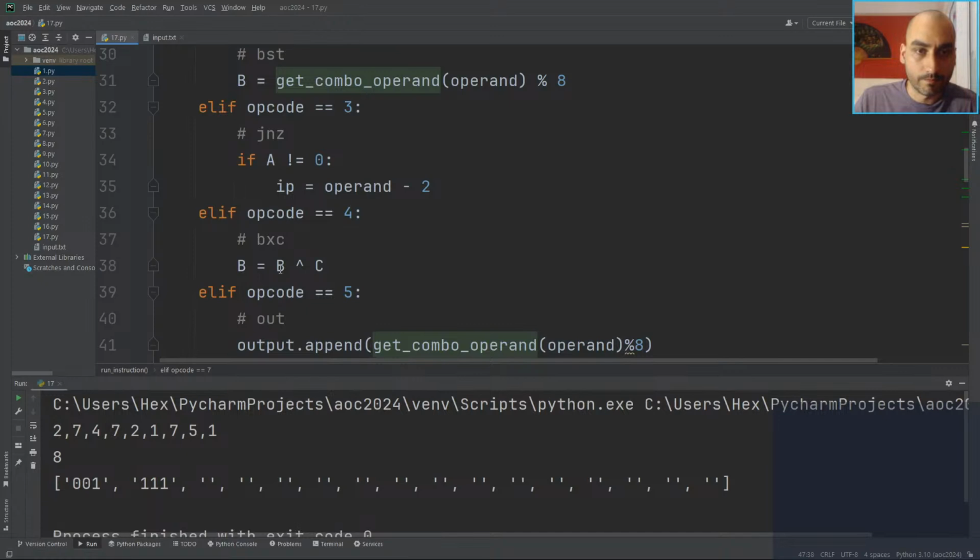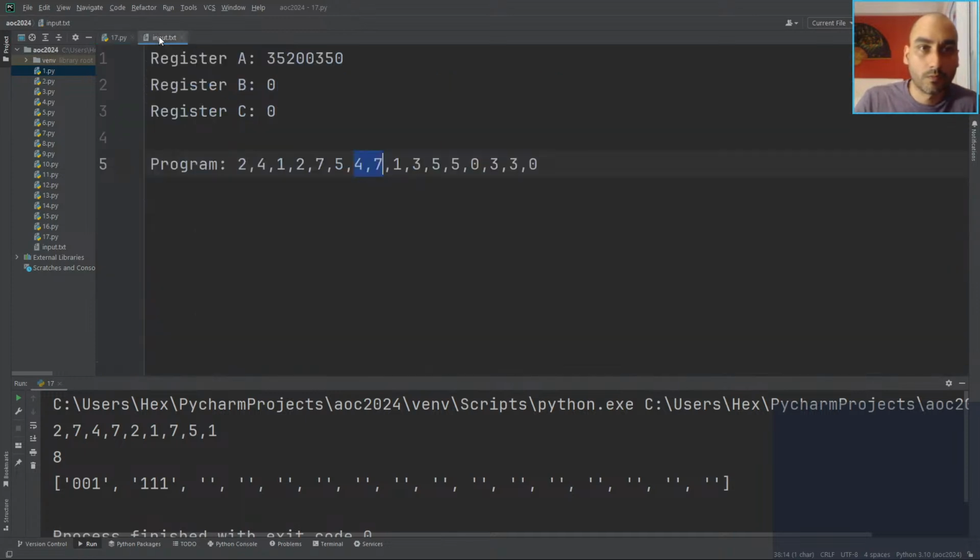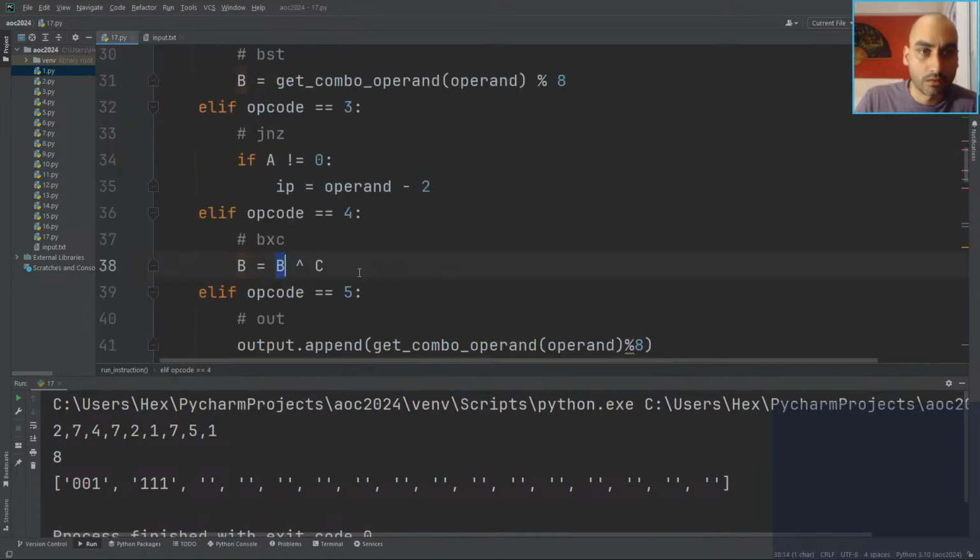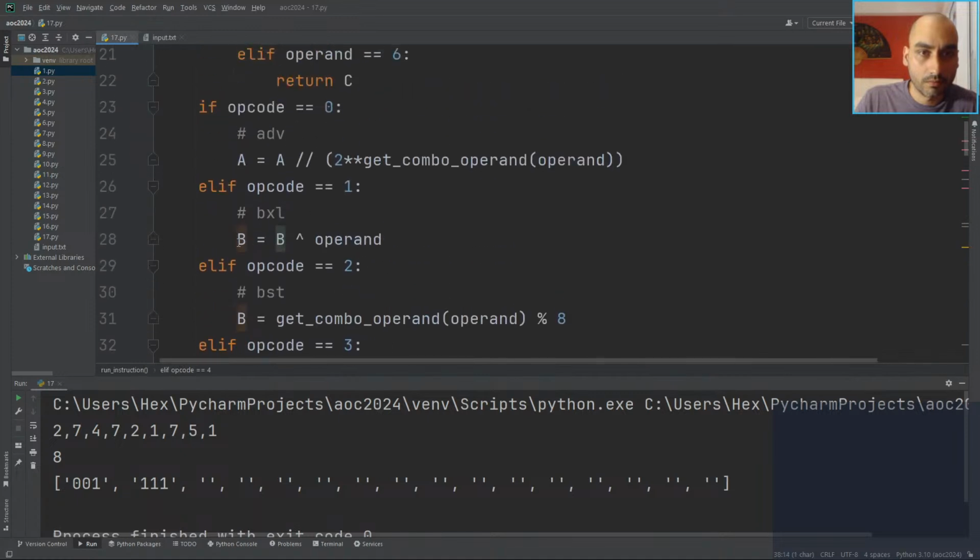So B equals B XOR C, alright. And we don't use C again, I assume. 1, 3. So all of that XOR 3.